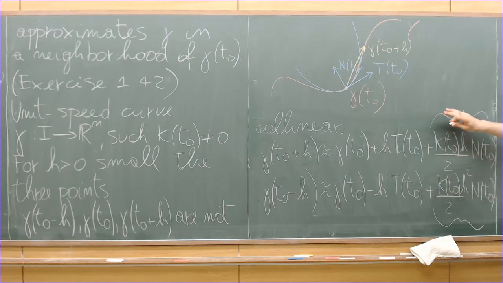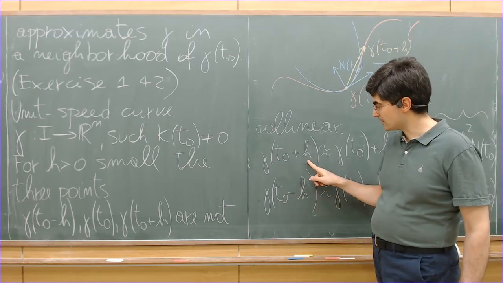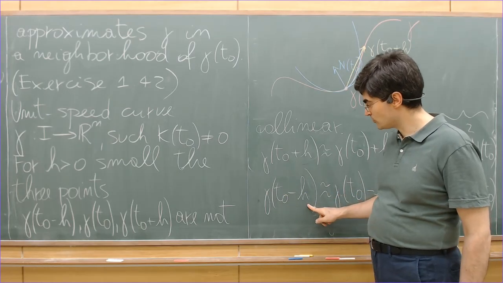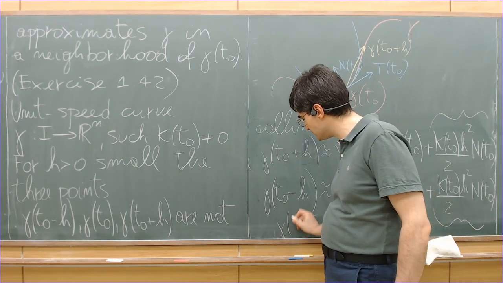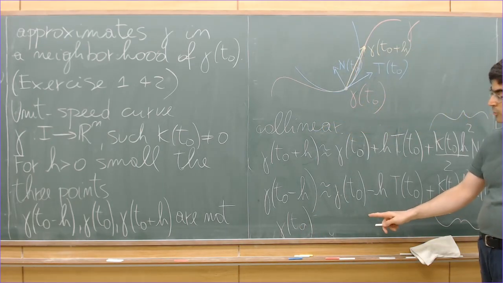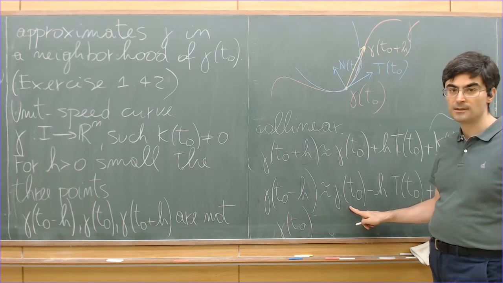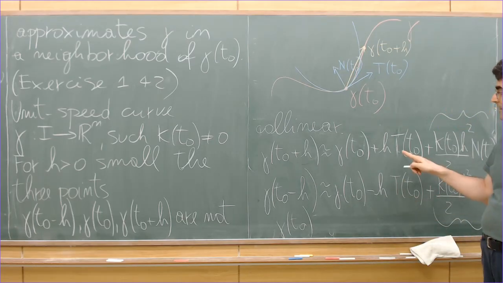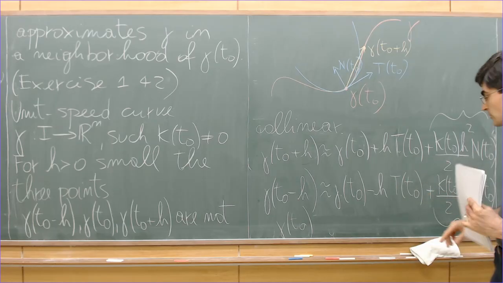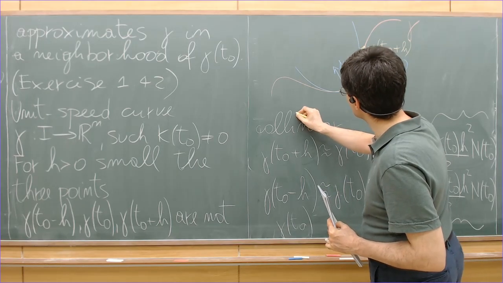If this term would not be here, then gamma t0 plus h, gamma t0 minus h, and gamma t0 would belong to a straight line which passes through gamma t0, and it is parallel to the vector t at t0. So they would lie on this straight line.